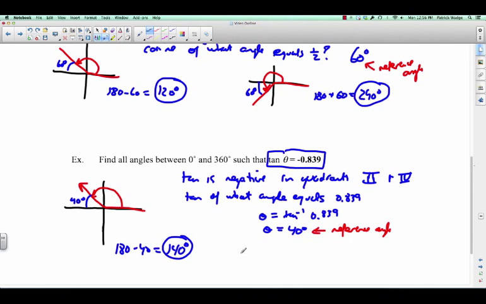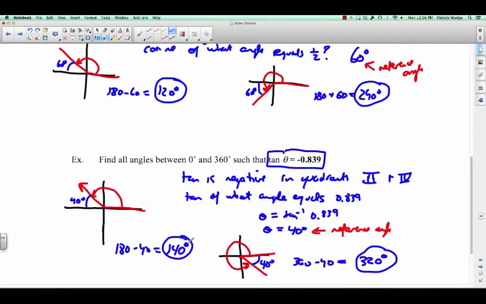The other one, I'll just draw a little sketch, is quadrant 4. So we have a fourth quadrant angle, and the reference angle is again 40 degrees, and we want to know how much is this angle. And to get that, you're going to do 360 the whole way around. We didn't go the whole way around though, we did 40 less. So take away 40 and you get 320 degrees.